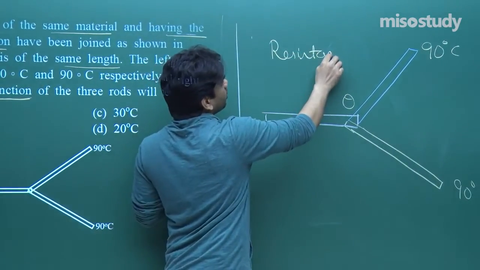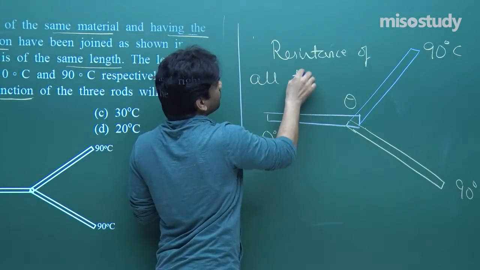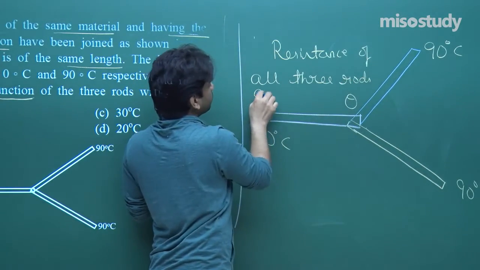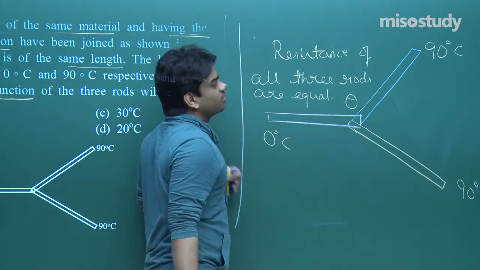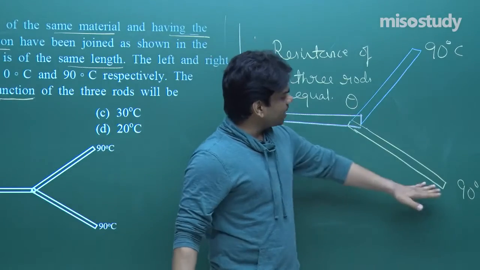The resistance of all the 3 rods will be equal. That is what we can make out from the question.